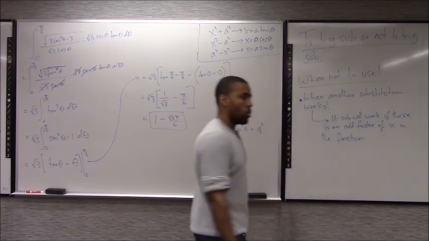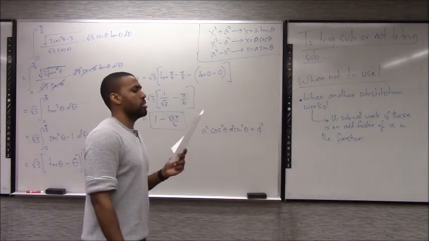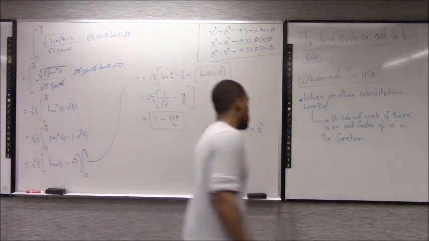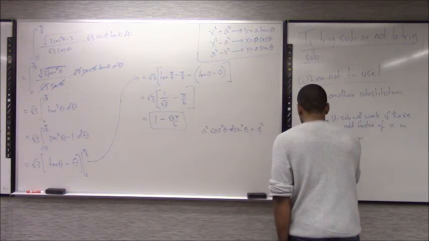So that's one way. For example, I think I did write out some examples here. You can look at all of these and let me show you what I'm talking about.